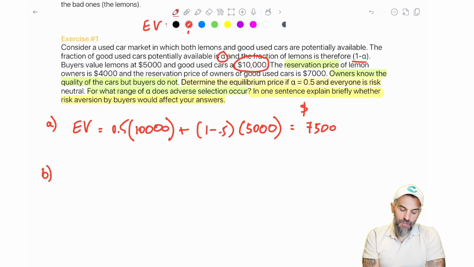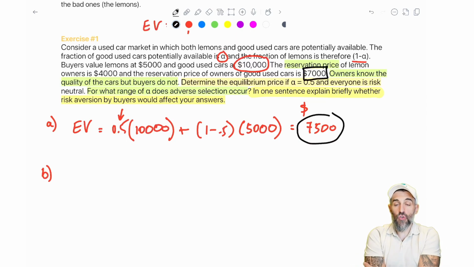B. So B is for what range of A would adverse selection occur? Okay, so the idea here is, if A is 0.5, then there isn't really any adverse selection. Why? Because this amount is greater than 7,000, and so even the sellers of good cars are willing to sell at that price.